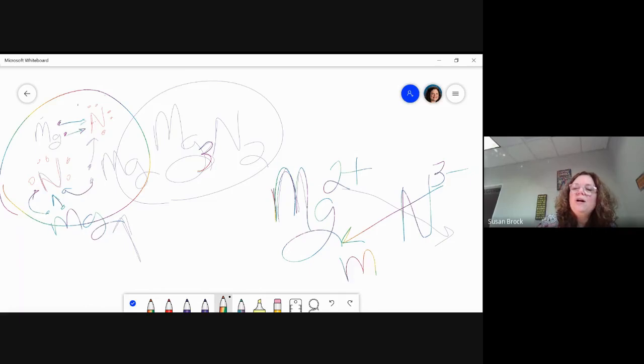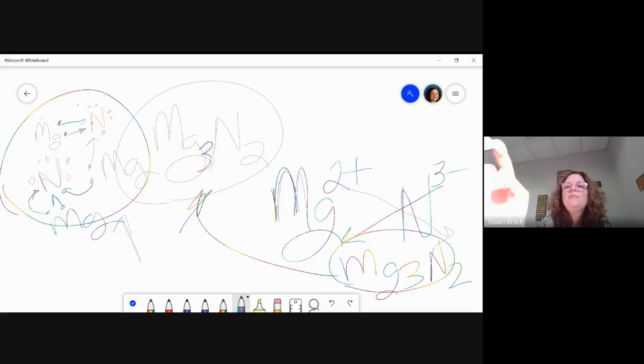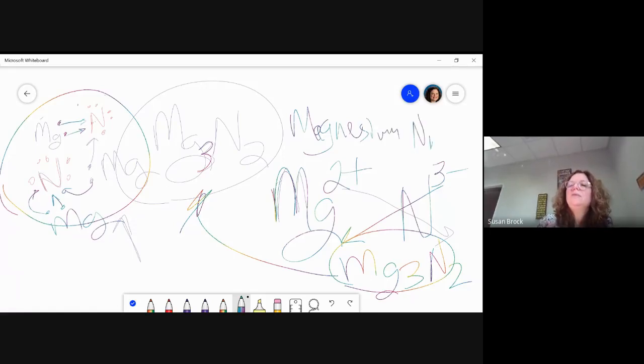So once we cross the charges, the 3 goes here, the 2 goes there, and we come up with the same ratio we did when we just did the Lewis structure. So that's the easier way to do ionic bonding. And what this would be named is magnesium nitride. Okay, all right. That is ionic bonding.